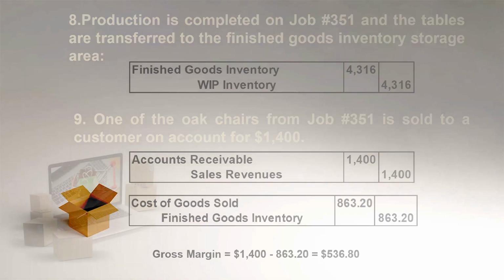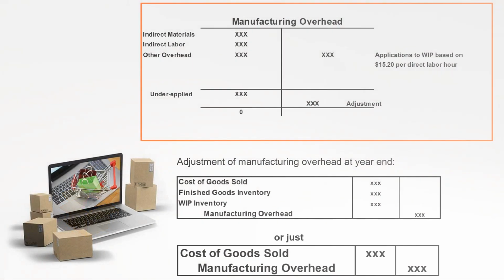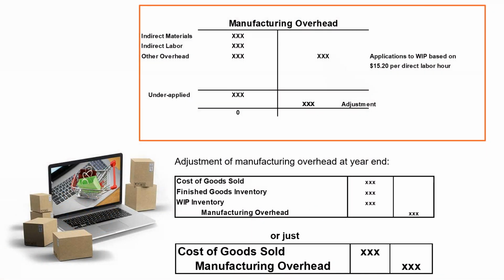Now, you'll remember that we've been maintaining a manufacturing overhead account. Let's go back and look at that T account called manufacturing overhead, which was a holding account, a temporary account, where we were putting all of the actual costs of our indirect materials, our indirect labor, the supervisory salary, and other overhead costs, utility bills, and depreciation of equipment.